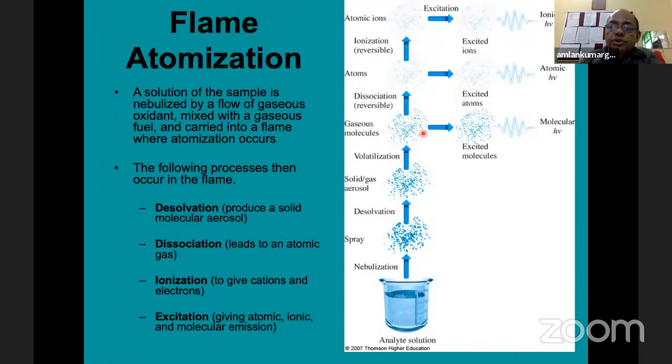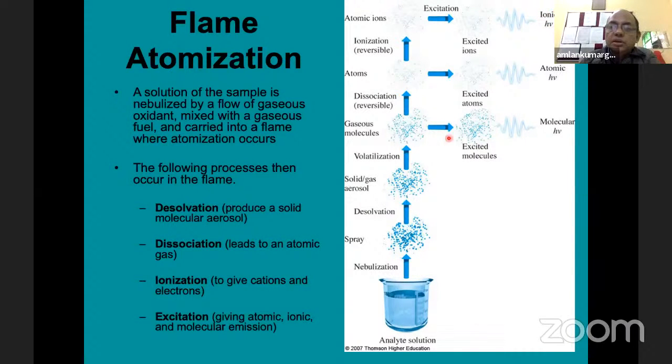So molecules also can be excited. It will give you molecular excitation. Atoms can be excited and it will give you atomic excitation. We are interested particularly now in this one, atomic excitation. There could be ions also at even higher temperature. It could form ions, and when it forms ions, there could be ionic excitation.